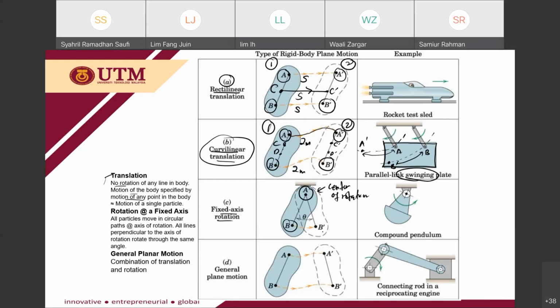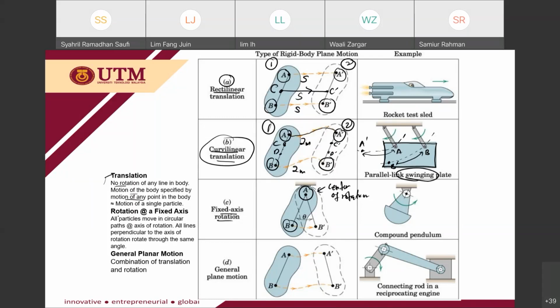Point A is fixed, and point B is moving about point A. So for this case, we know that this system moves with a rotation motion.